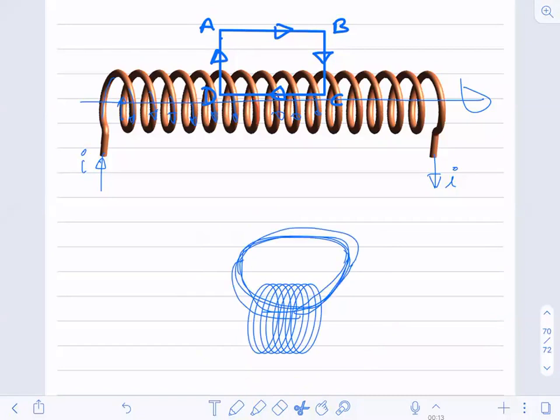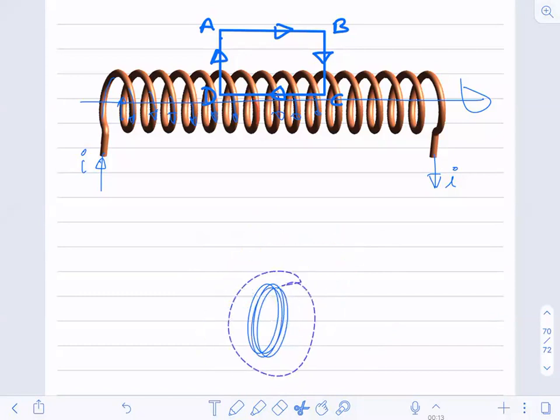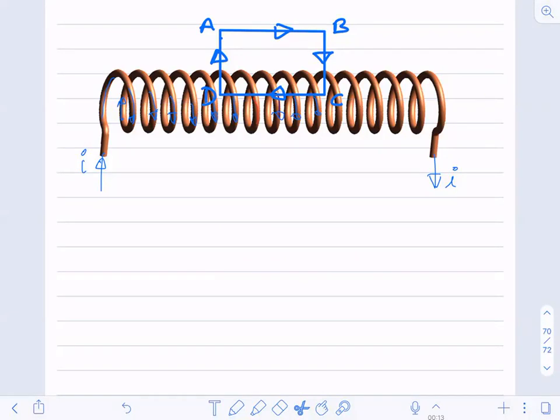No, no, the direction shown does not represent the direction of the magnetic field. What is the direction of the magnetic field? We will see it later. The direction of the magnetic field is not very important here. We will see just after this how to find out the direction of the magnetic field.